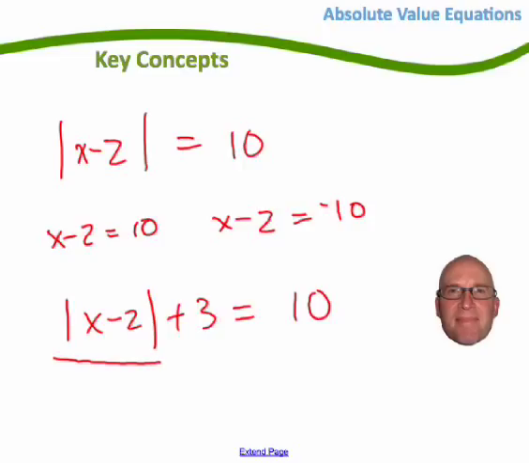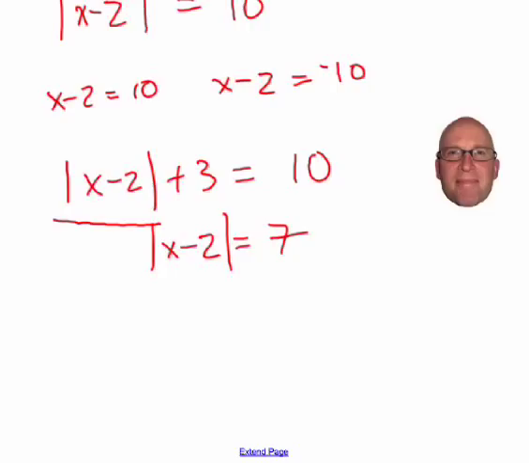So my first step here would be to push the 3 over to the other side. So the absolute value of x minus 2 is equal to 7. Then I could solve and say x minus 2 is equal to a positive 7, or x minus 2 is equal to a negative 7. But notice I first dealt with this 3 so that I could isolate the absolute value.